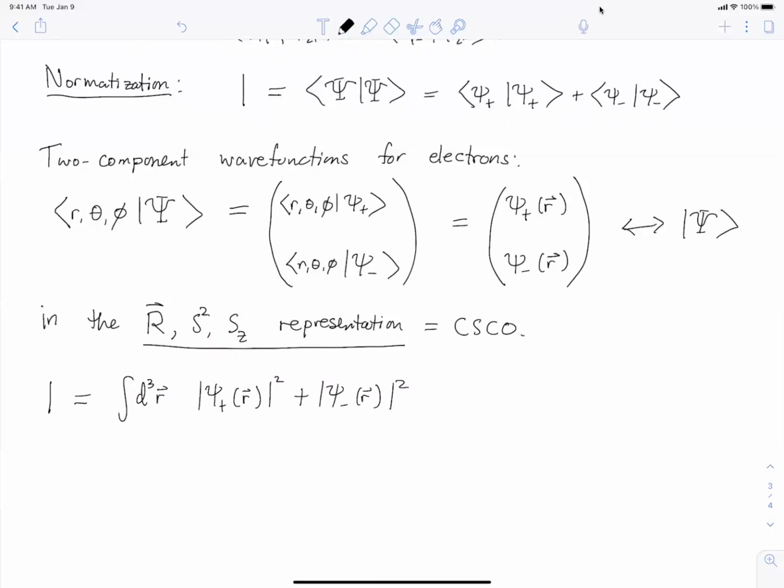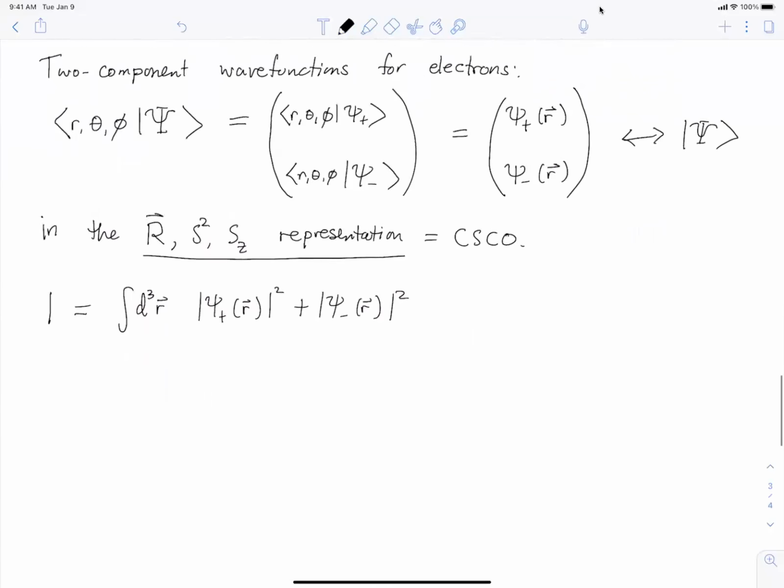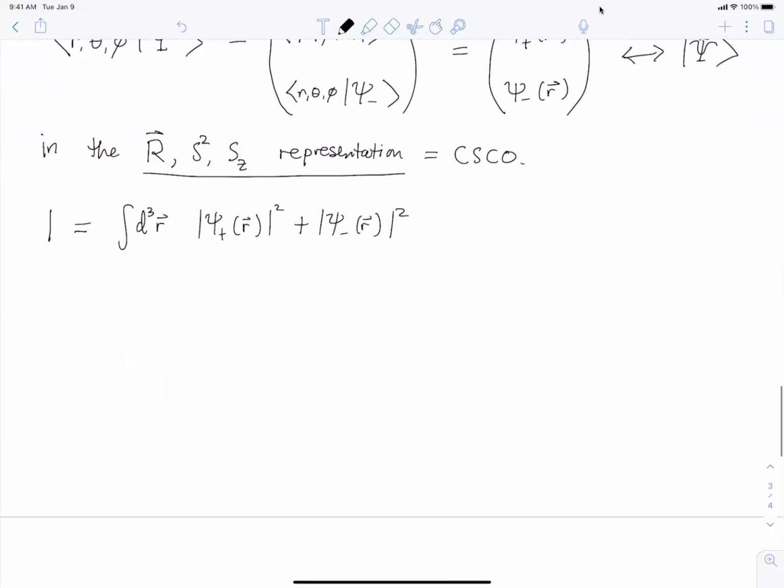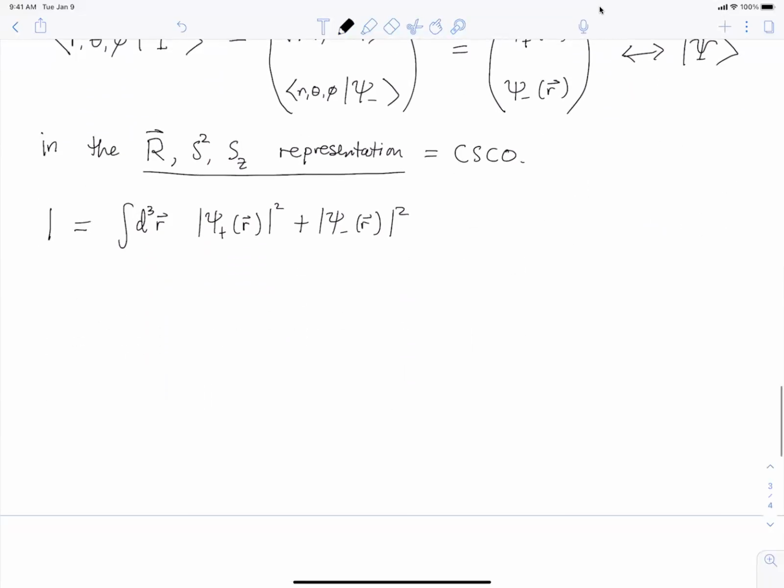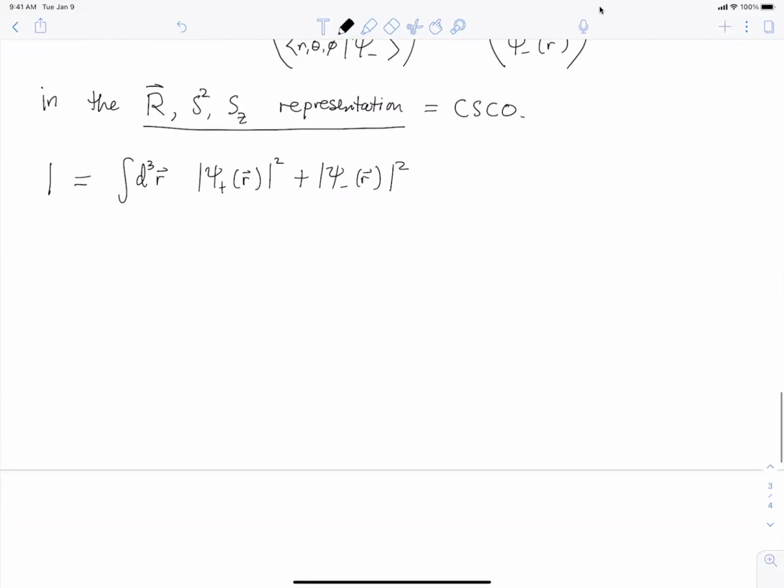So that's how we normalize spinor representations. Now, suppose we want to work in this representation, but suppose we want to represent the orbital angular momentum operators somehow. So how do we do that?